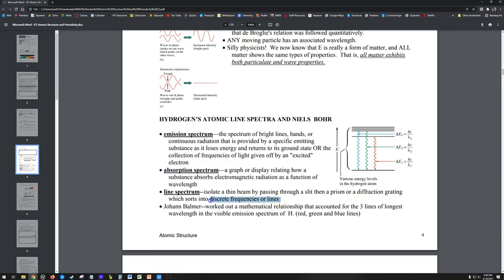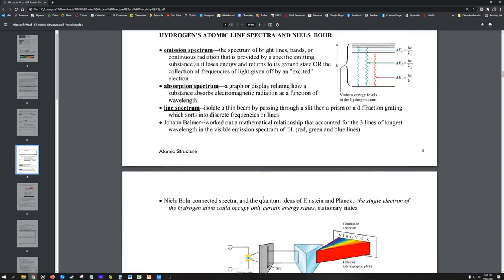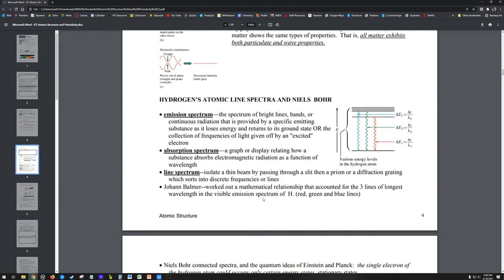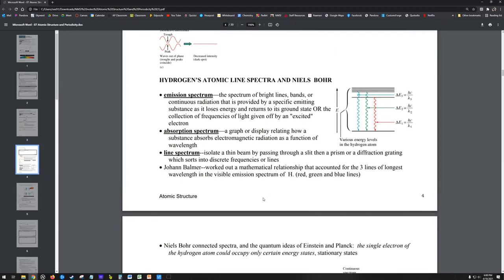So discrete frequencies are lines. And so if you study an element or an atom and you look at how it interacts with light, it produces a fingerprint. And you can identify different atoms based on their fingerprint by the amount of energy that they produce. And that energy, this is very important, is going to reflect and be proportional to what we see in their electronic structure.